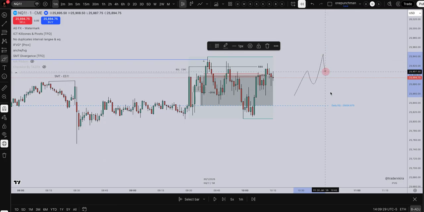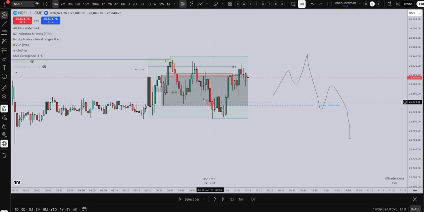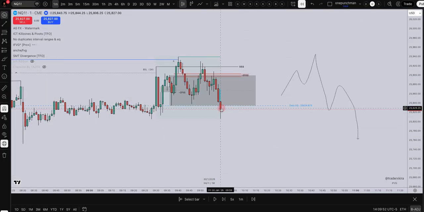And then we're looking for that clean displacement, retag of the breaker block, and then another move lower, right? That's the most A+ way things can go. What we end up getting is consolidation inside of the breaker block, okay? And then the actual entry is here. So the problem with this is, as a unicorn trader, is this A+ or is this not A+?